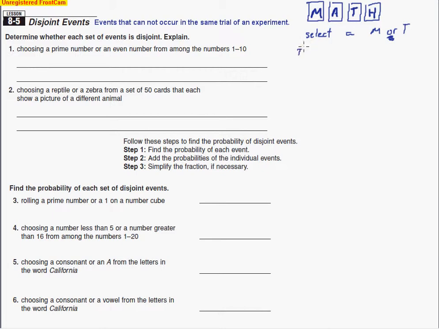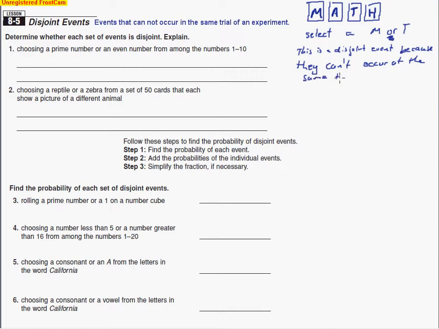So we can write this down. This is a disjoint event. Now, if you look at the word disjoint, dis means not joint. They're not together, so they're not the same thing. It is a disjoint event because they cannot occur at the same time.